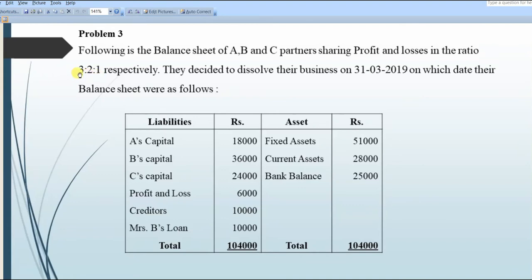It means 3 plus 2 is 5, plus 1 is 6. So 6,000 divided by 6 is equal to 1,000. So 1,000 for 1 ratio: 1,000 to C, then 1,000 into 2, 2,000 to B, and 1,000 into 3, 3,000 to A.